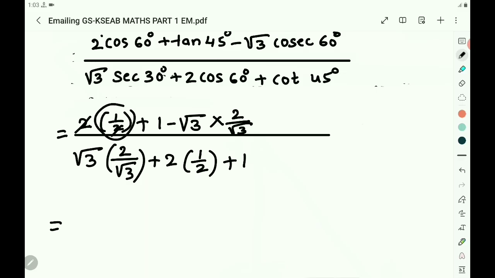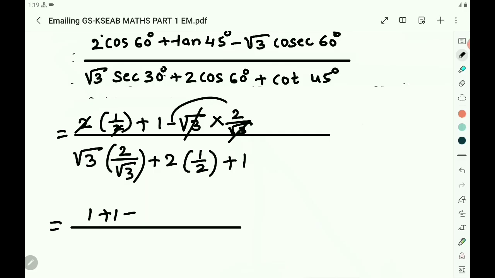What is the remaining here? 1. 1 plus 1. Then root 3 minus 2. Here plus 1 minus root 3 cancels, minus 2 is remaining.